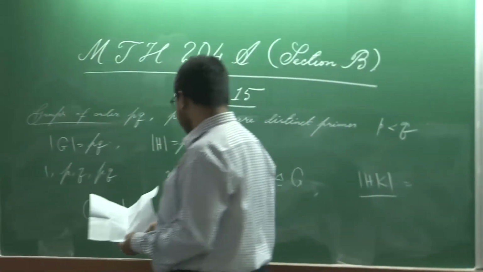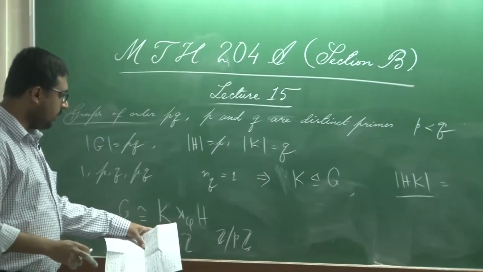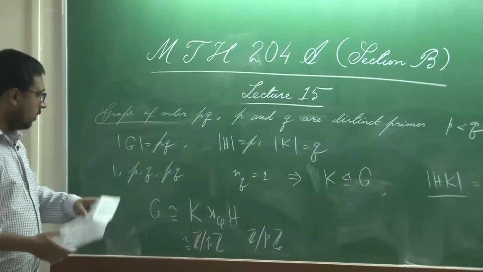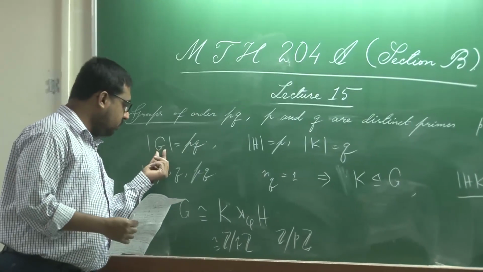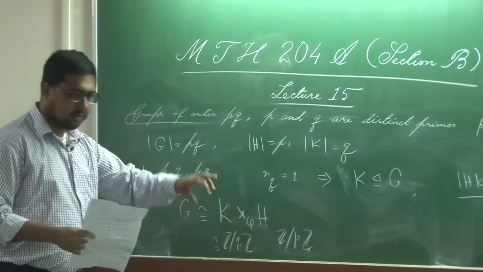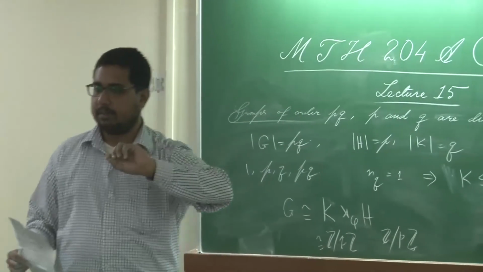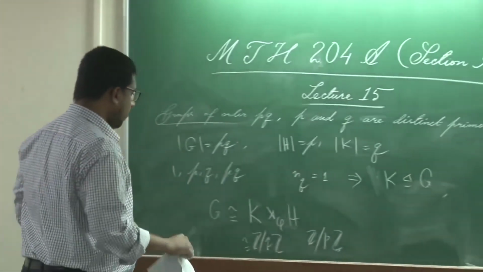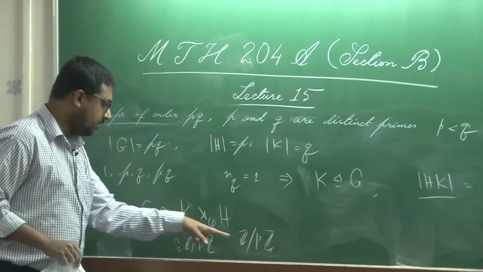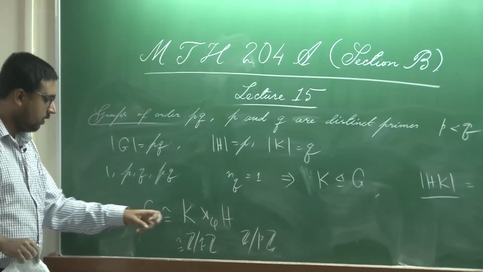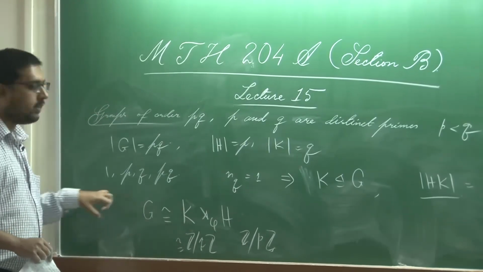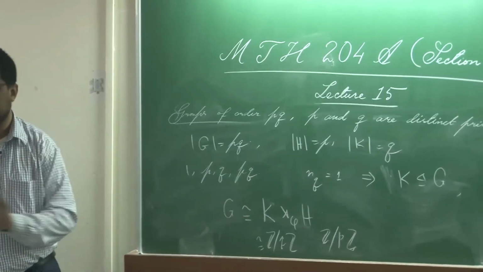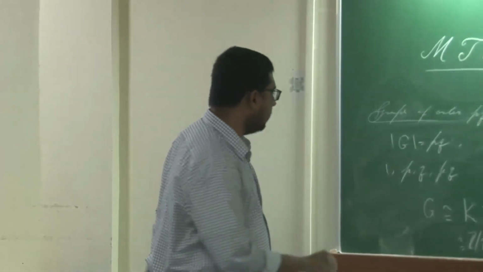Now you see that in this semi-direct product, what is phi here? Given a group G, phi of k is conjugation by k. So the copy of H and K inside this semi-direct product under this isomorphism goes to H and K inside G. That is clear by means of the isomorphism.